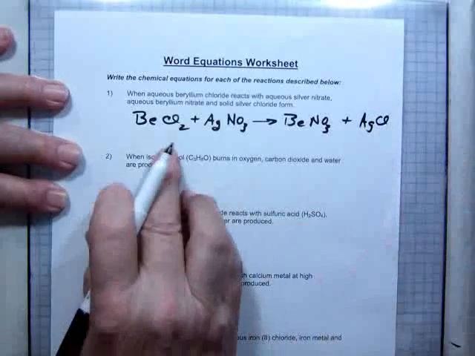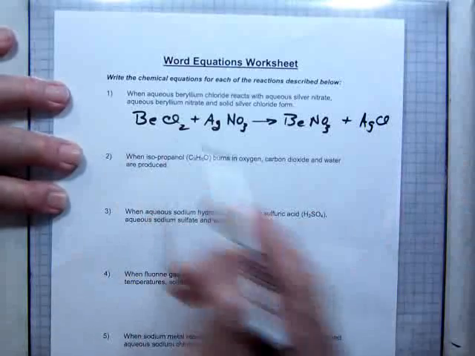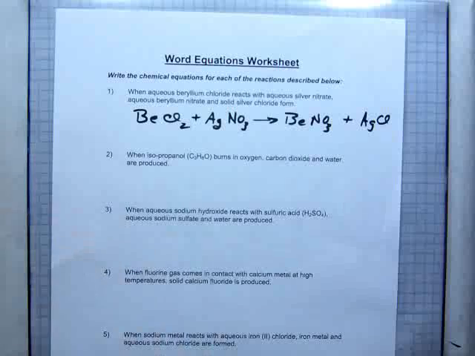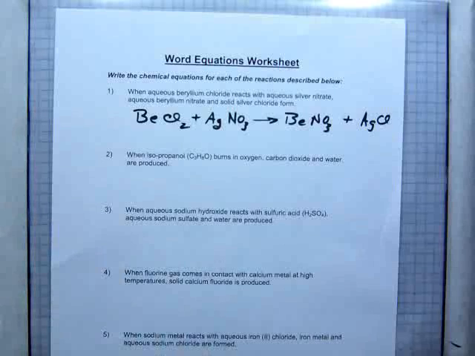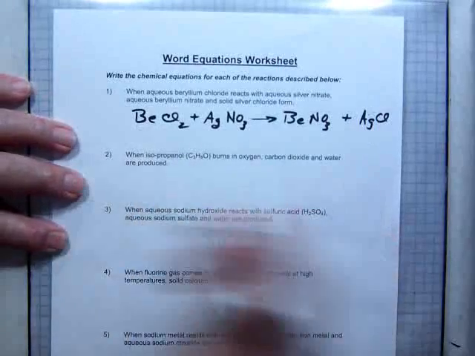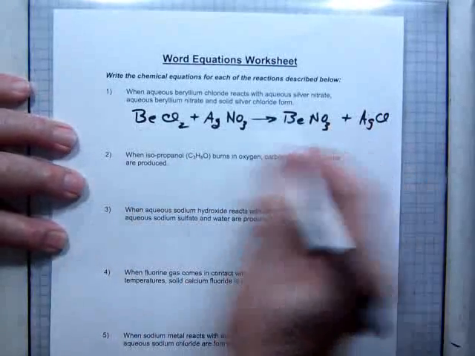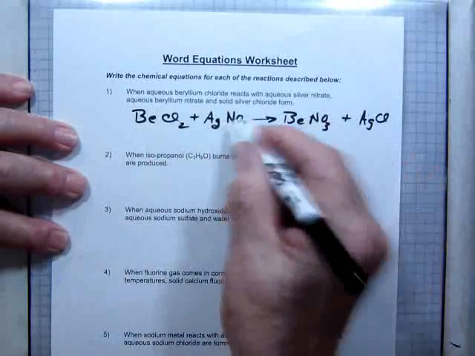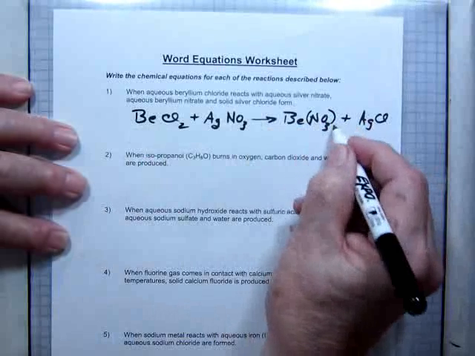Now, the subscript that I have for chloride on the left does not necessarily mean that the chloride on the right will have the same subscript, because the subscripts on the product side or either side depend on the sum of charges equals 0. So that's a very big rule that you need to keep in mind. Also, in metathesis reactions, you do not have any changes in oxidation states. So beryllium, having a +2 charge, has a +2 over here. Nitrates still have their -1, so I need 2 nitrates.